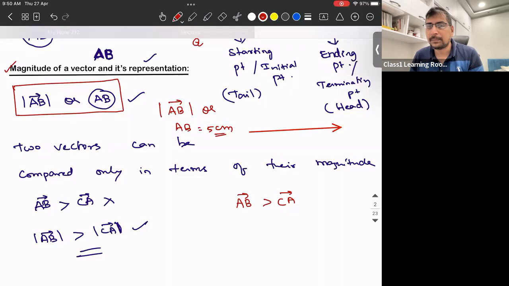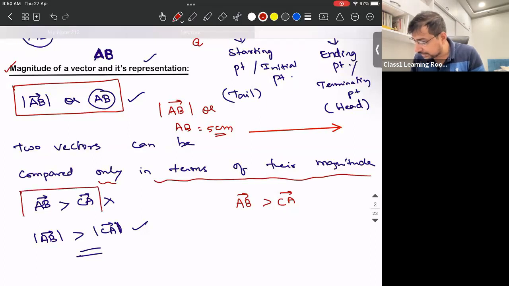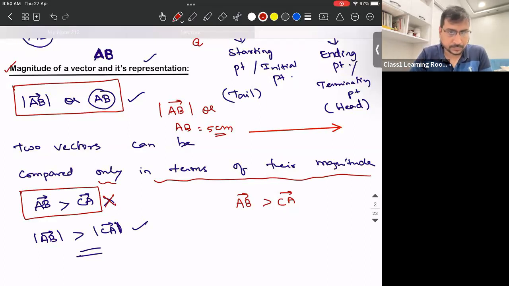So two vectors can be compared only in terms of their magnitude. So AB vector is greater than CA vector does not make sense. Rather, magnitude of AB vector is greater than magnitude of CA vector makes sense, right? I hope that point is registered.